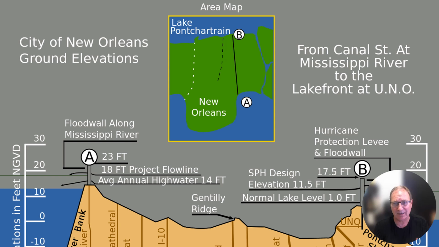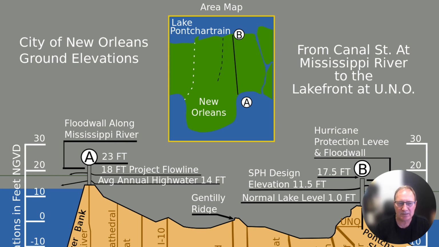Again, just understand the height of the Mississippi River above sea level is necessary for water to flow downhill to the ocean. Obviously, that makes a lot of sense. Lake Pontchartrain, on the other hand, is very close to sea level. It's actually several feet above sea level, but not nearly as high as the Mississippi River.